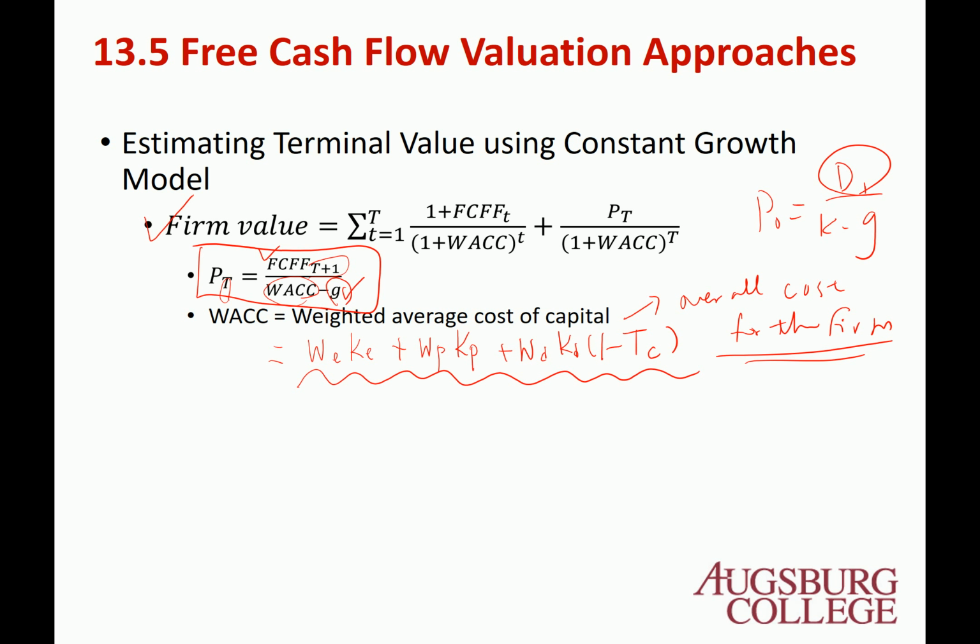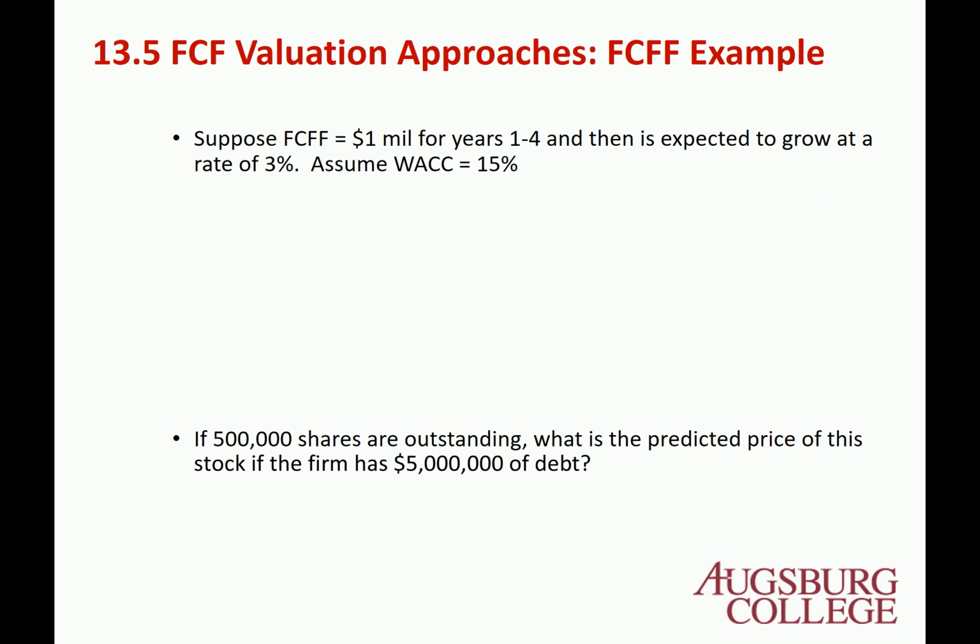At the terminal value, we compute the estimated, forecasted price as of that time. Then we can discount everything back to the present. That will be the firm value. That's not equity value, that's firm value. That's the whole asset value.